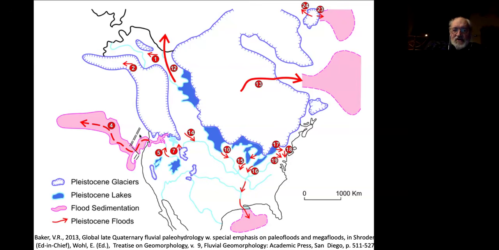You see the numbers here refer to specific floods that have been studied, mostly in the last 30 years, by various geologists. The pink area shows areas that were impacted by some of the larger of these events. The one over in the northwestern US is the flood that I mentioned at the beginning that was studied by J Harlan Bretz.